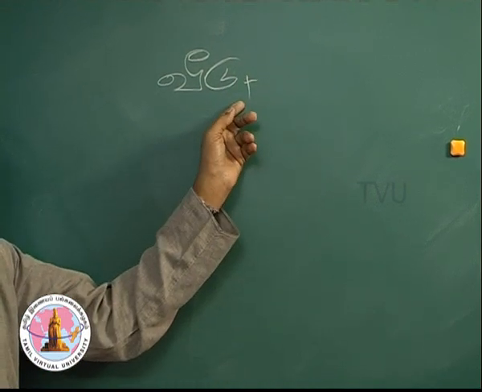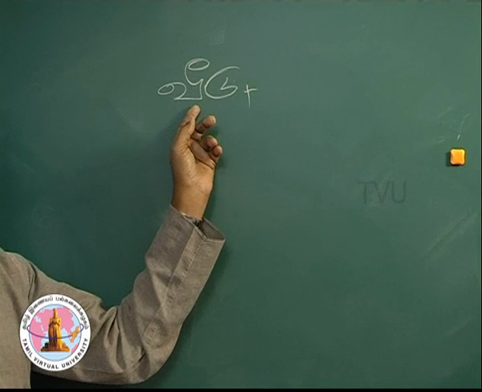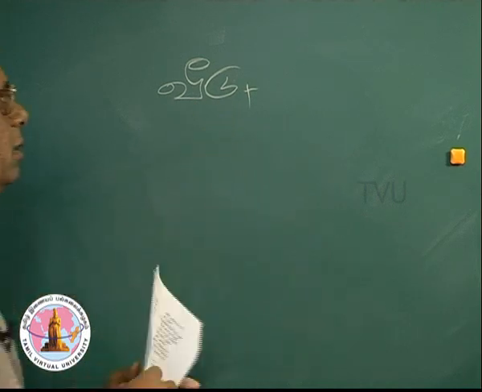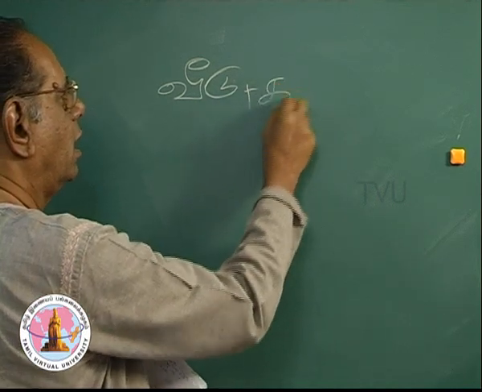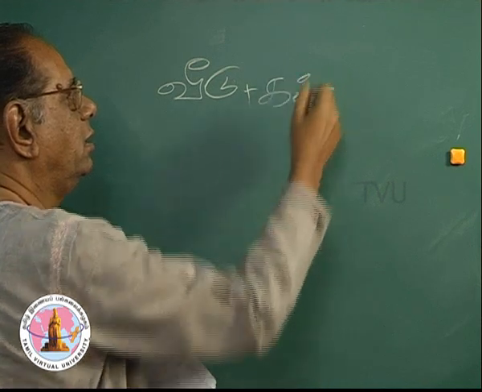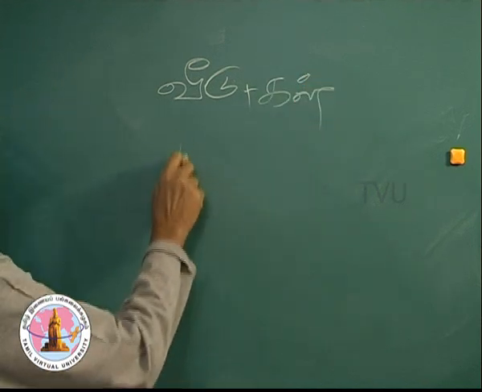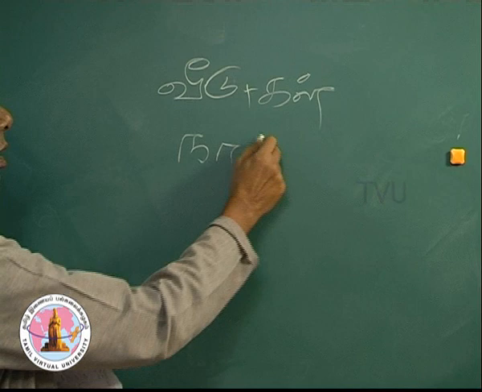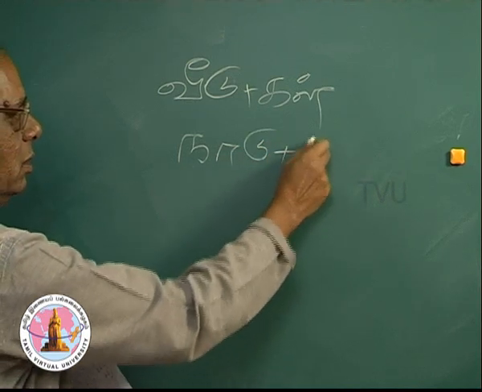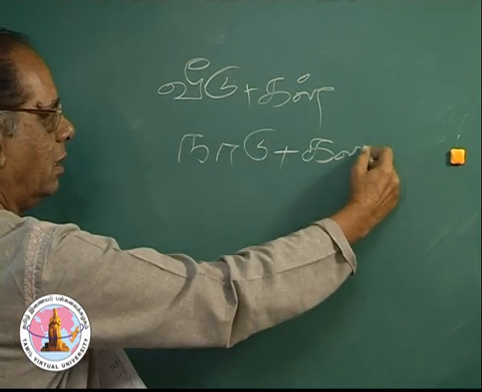We do, a vowel ending word. We do plus கள், வீடுகள். So also நாடு plus கள்.